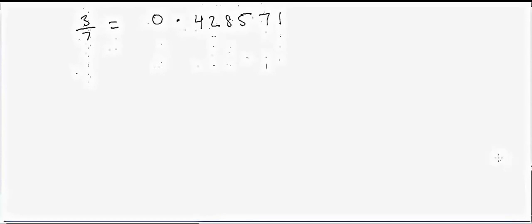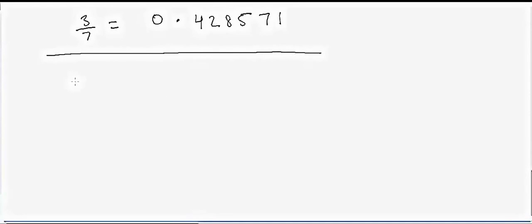And finally, there is one more trick, and that trick is about dividing. For example, let's say we have a number 0.636363, and this is a repeating decimal, and we want to convert it into a fraction. All I need to do is look at this number 63. 63 is a two-digit number, so I'll put 63 divided by 99.